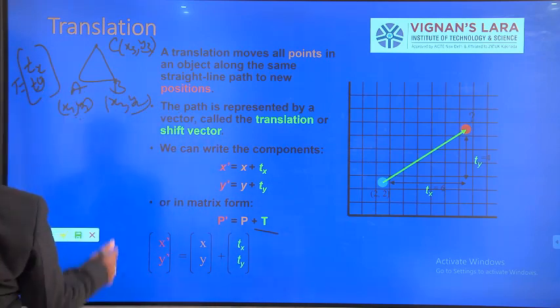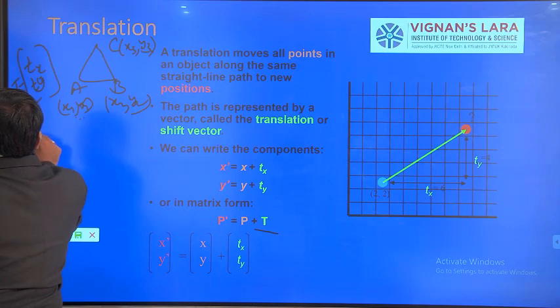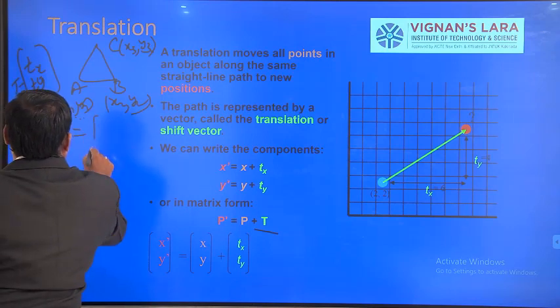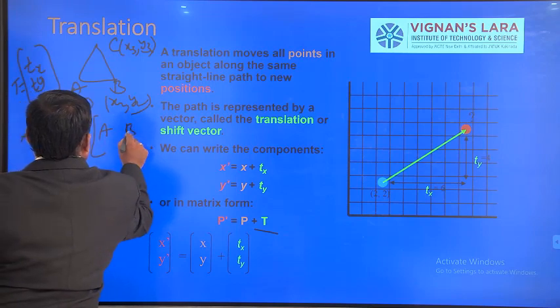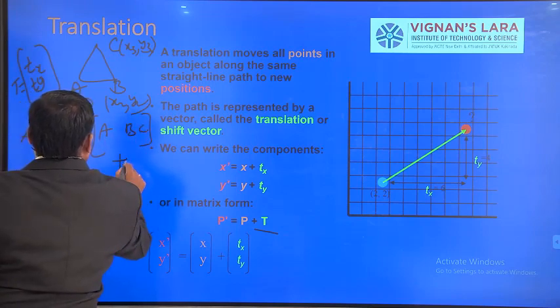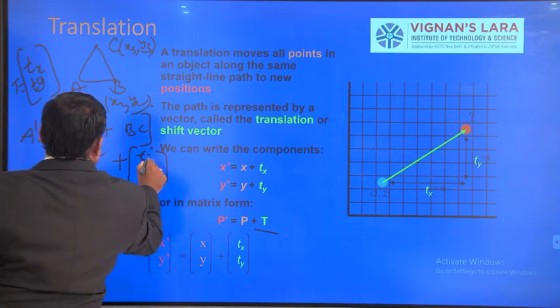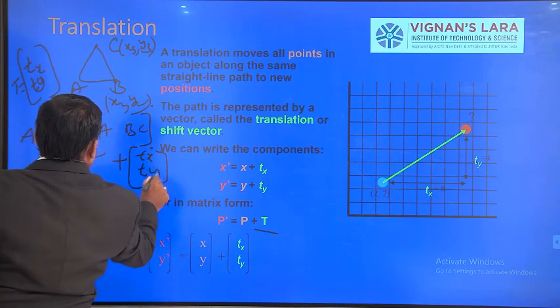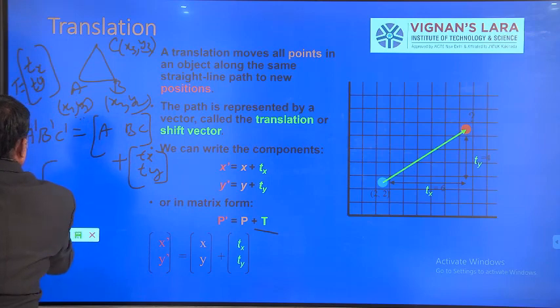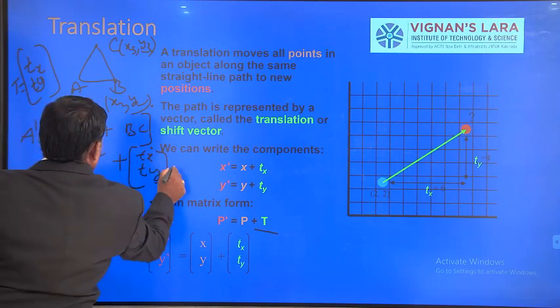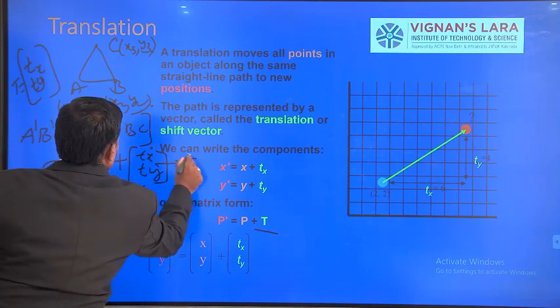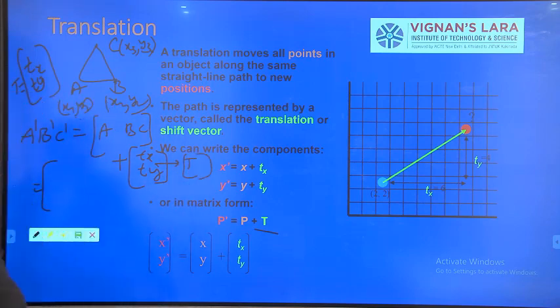Now what is the final state of triangle ABC? A dash, B dash, C dash equals A, B, C plus T, because translation means addition. Otherwise, in place of Tx, Ty, you can write the capital T matrix.